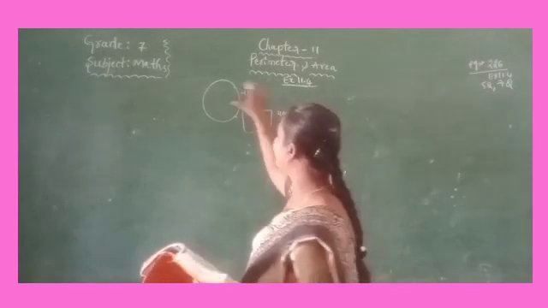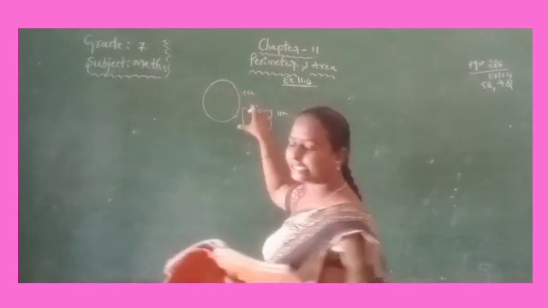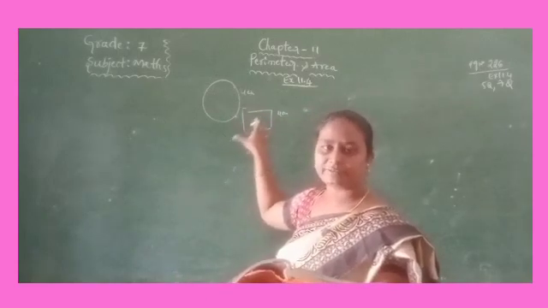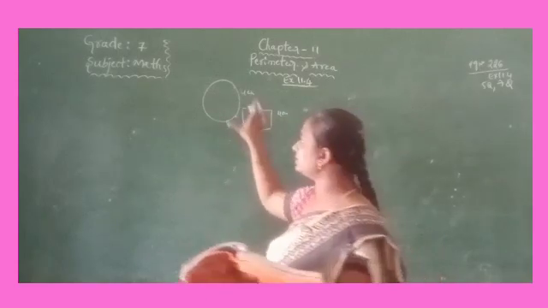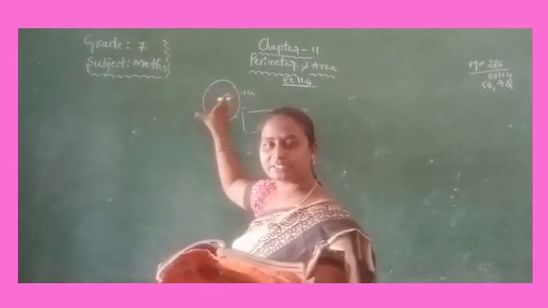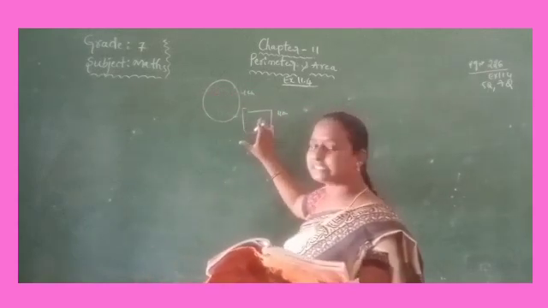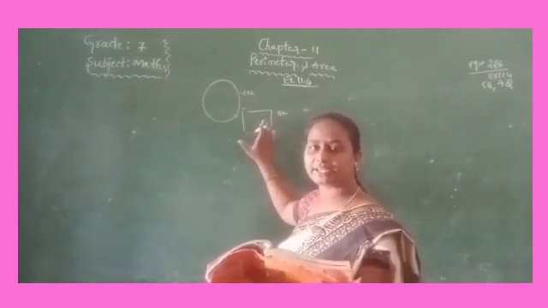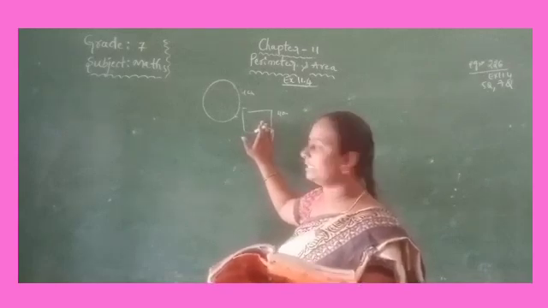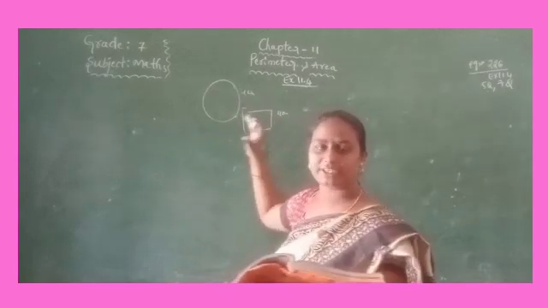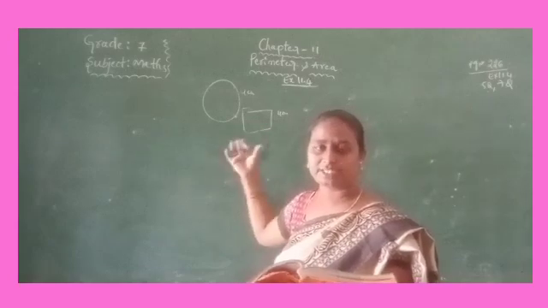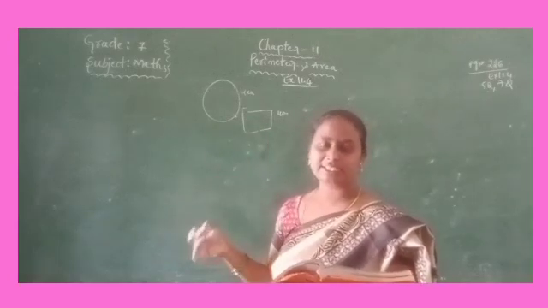After wrapping, if she has any cord left with her, first we have to find the circumference of this circle and the perimeter of this square. Then only if you subtract, we get how much length of the cord she has left.